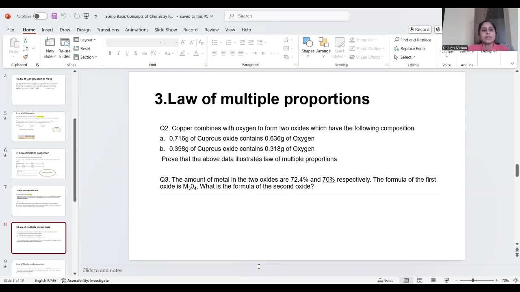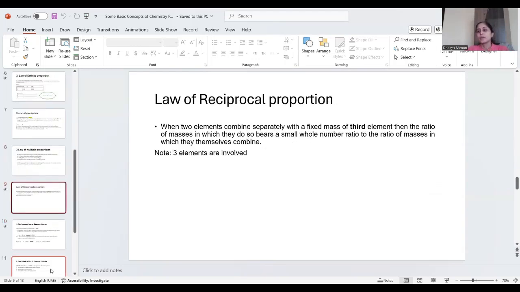Okay, now before we move on to the fourth law, the law of reciprocal proportion. Reciprocal means, in multiple proportion, we were talking about only two elements. Two elements, they are forming more than one product. And the different masses of one element combining with the fixed mass of another element bear a whole number ratio.